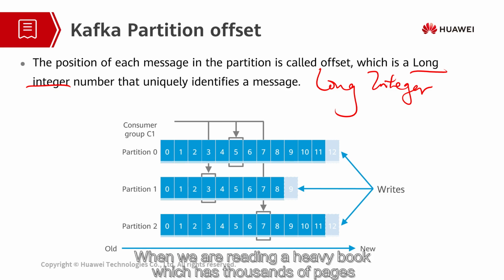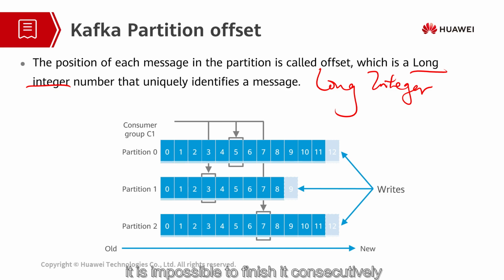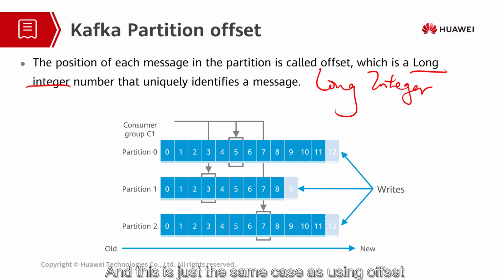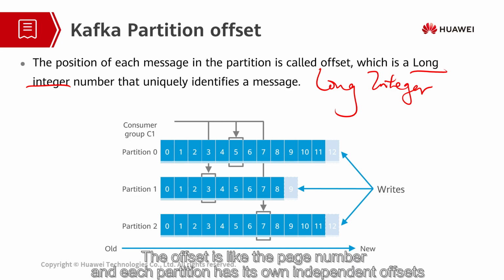When we are reading a heavy book, which has thousands of pages, it is impossible to finish it consecutively. Therefore, we tend to insert a bookmark to record the latest page we have finished. And this is just the same case as using offset. The offset is like the page number, and each partition has its own independent offsets.